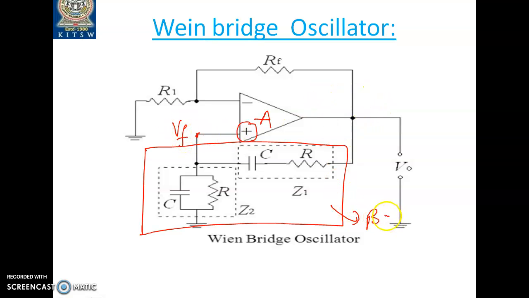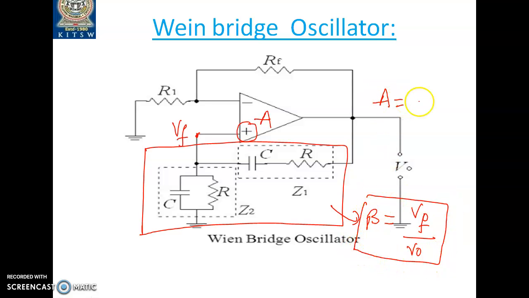I can also establish a relation for beta as output by input: V naught becomes the input to the beta network and Vf is the output of beta. So beta equals Vf by V naught, where A equals V naught by Vf.